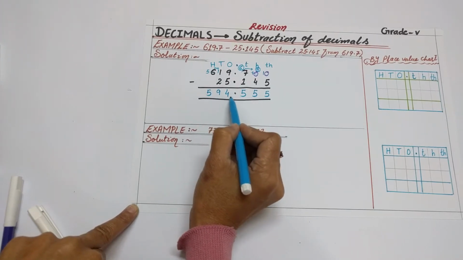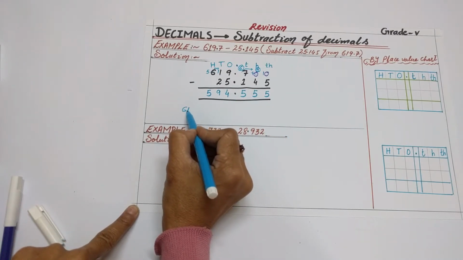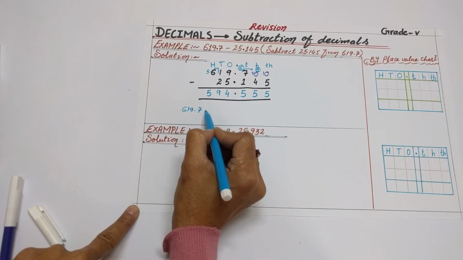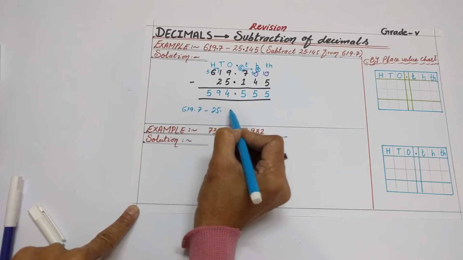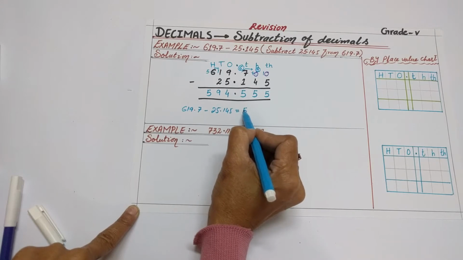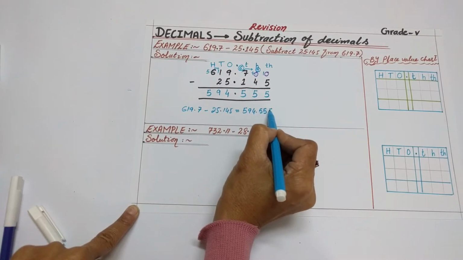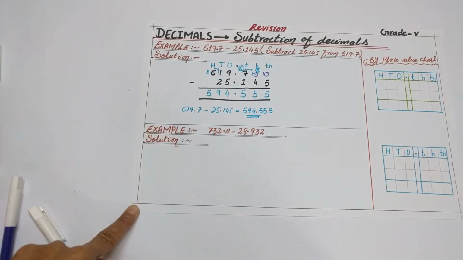So our answer is 594.555. So 619.7 minus 25.145 is equal to 594.555. That is our answer.